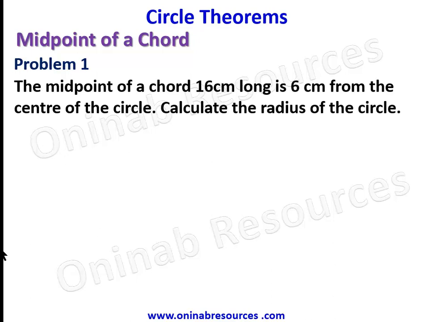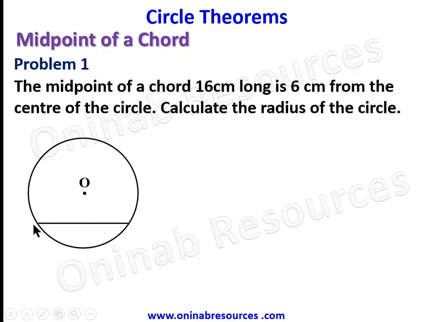Now we draw a circle, center O. We have a chord, so we name the chord XY, and a line is drawn from the center to the midpoint of the chord. So we have the line, and this line is at right angle to XY.